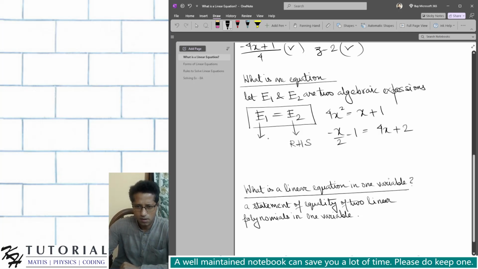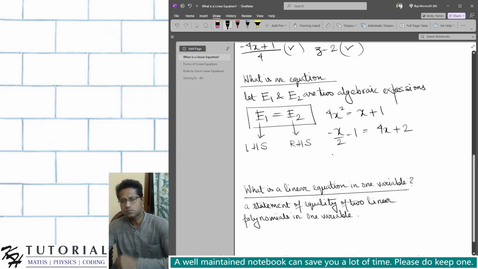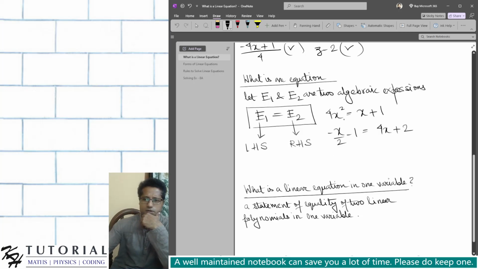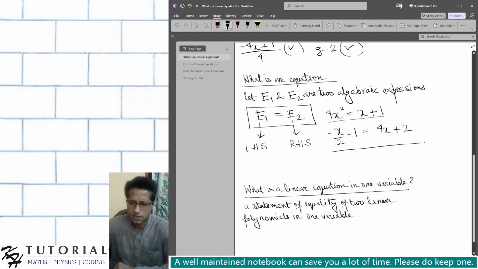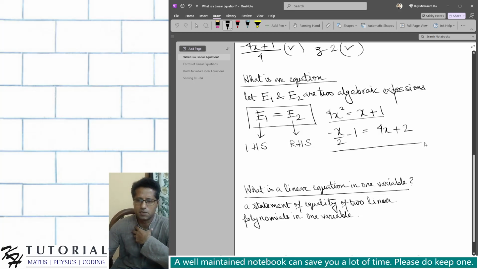Also, the expression to the left of the equality sign we call the LHS, that is, left hand side. So for the first equation, the LHS is 4x square and the RHS is x plus 1. For this equation, the LHS is minus x by 2 minus 1 and the RHS is 4x plus 2.